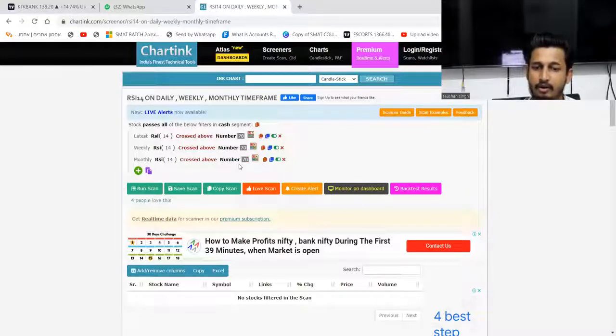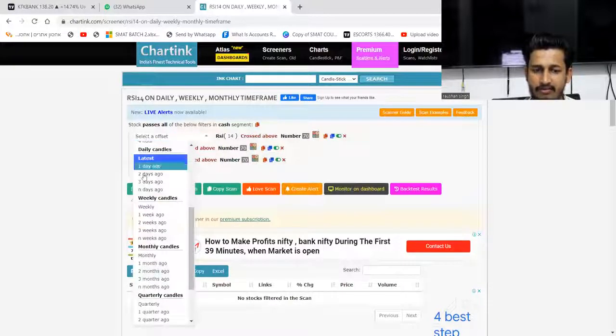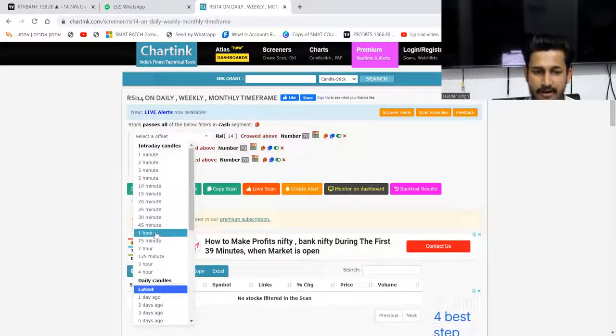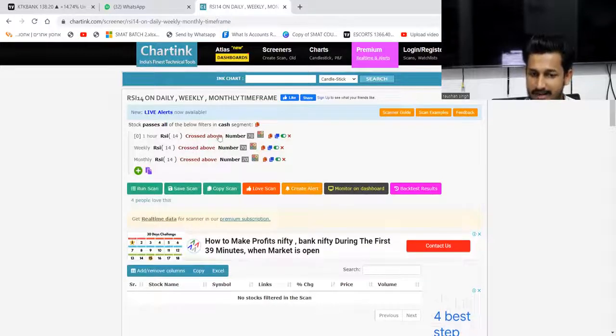See, crossed above 70 means the breakout has already come, or maybe it would have gone upside. So we don't need that. What we need is, let's say I go for the hourly candle, 1 hour RSI crossed above 30.